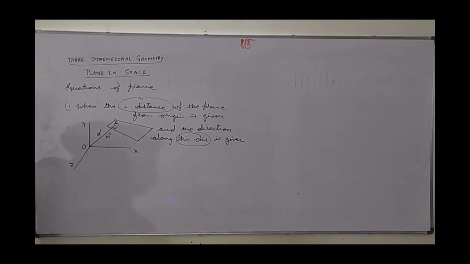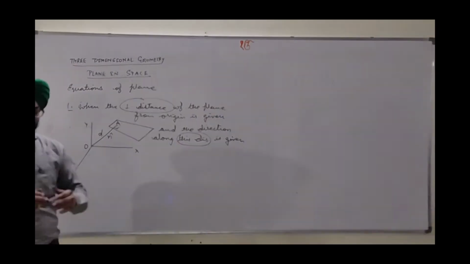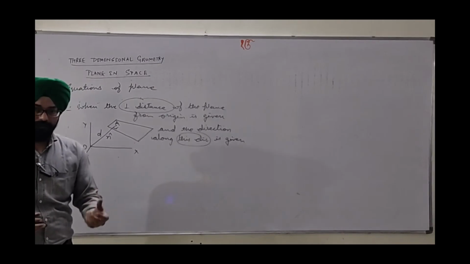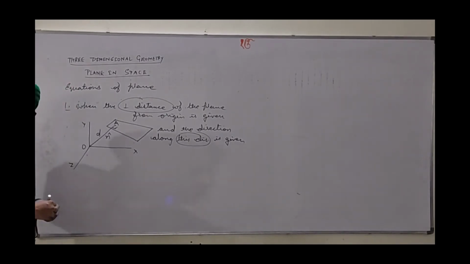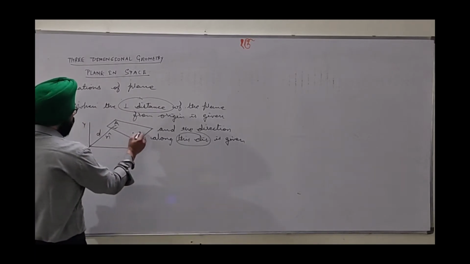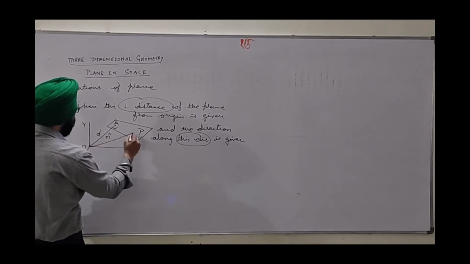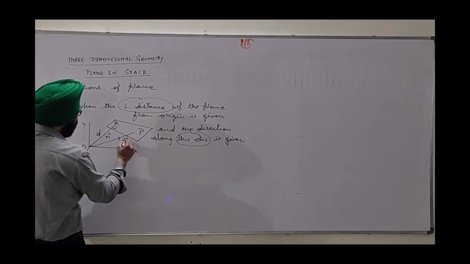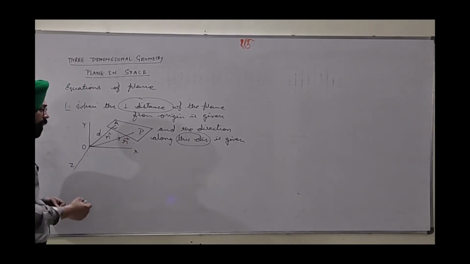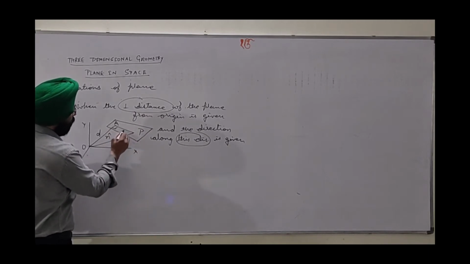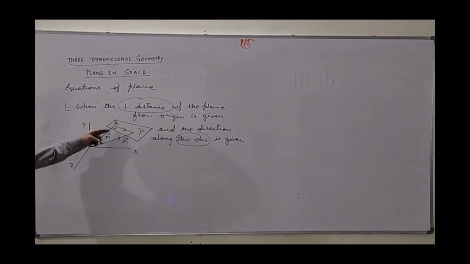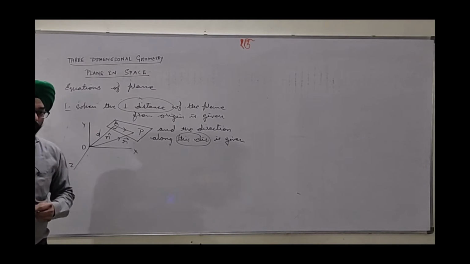Now as you could see in the derivation, whether it be a line or a plane, we always have to consider an arbitrary point. So obviously here we will take one arbitrary point P, joining OP. We get a position vector r. Very simple thing, every time it's applicable. Now the two points A and P both lie in the same plane, so joining them we get a vector AP. I need to define vector AP, a vector joining two points.